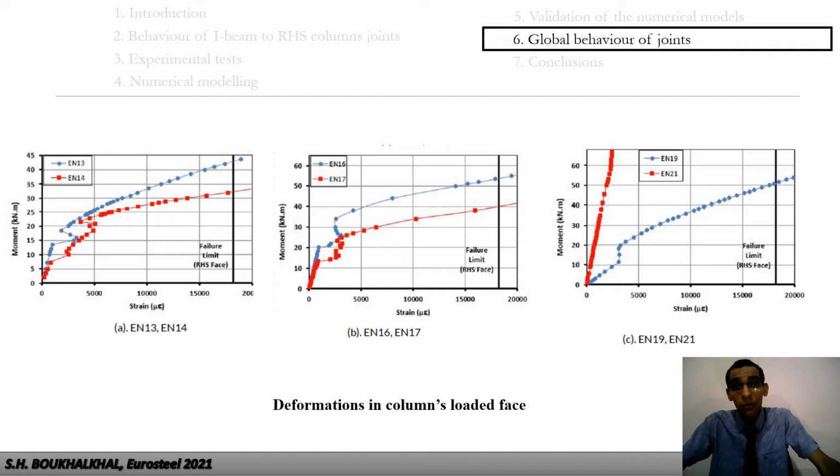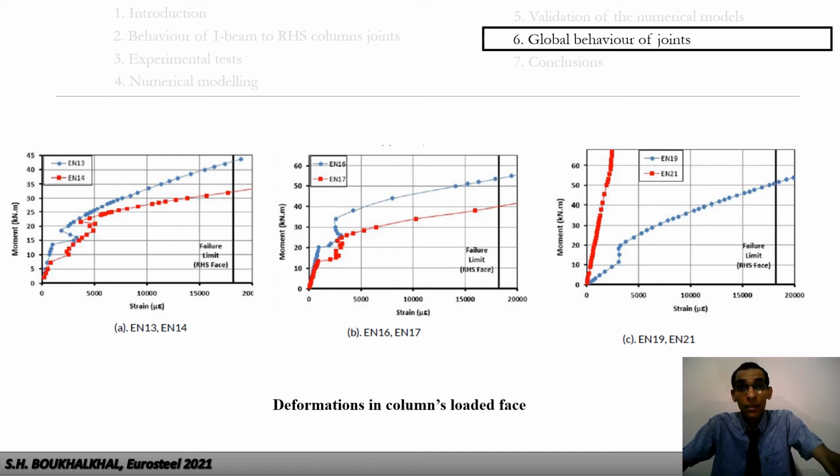For the numerical model EN16, the moment corresponding to failure of the interaction zone is equal to 57 kN/meters, while for EN17 it is 40 kN/meters. The last figure shows the deformation envelope in the CFST column face for the two models EN19 and EN21.